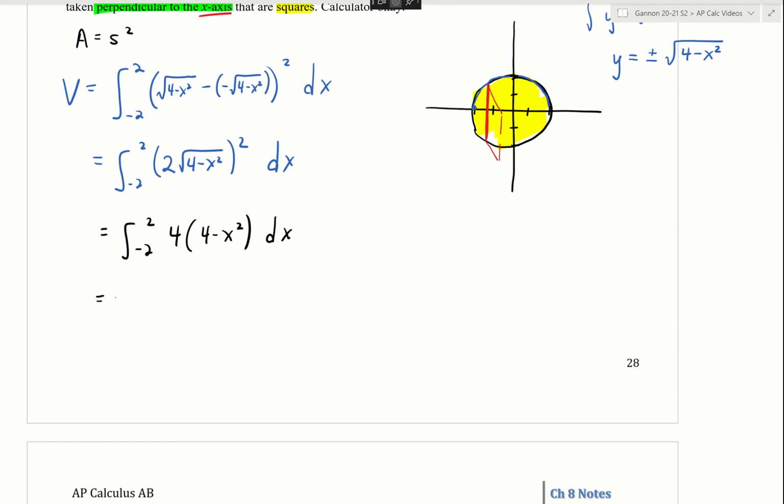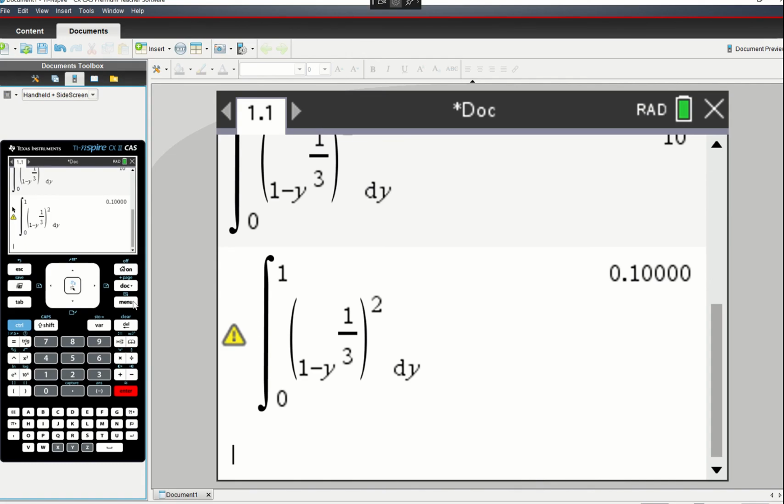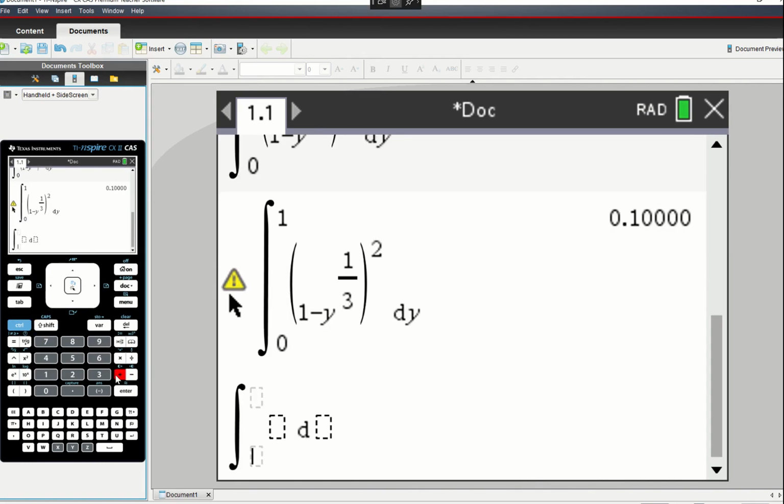You could then pull out the constant 4, and you've got the integral from negative 2 to 2 of 4 minus x squared dx, and go ahead and plug that in the calculator. So let's go ahead and do that and see what we get. Let's go shift plus.